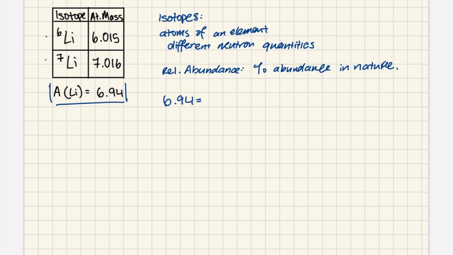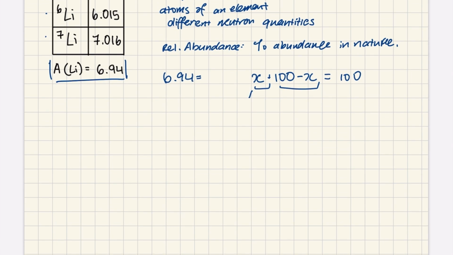So we've got the average mass here, and to make up 100% of two isotopes, we're going to have some value x and 100 minus that value, and that is going to add up to 100. So we're going to then assign x to be lithium 6 and 100 minus x to be lithium 7.